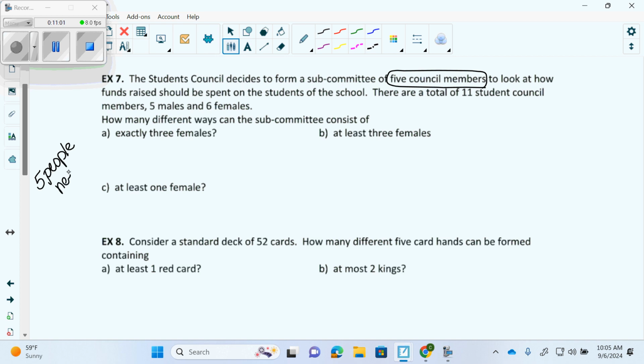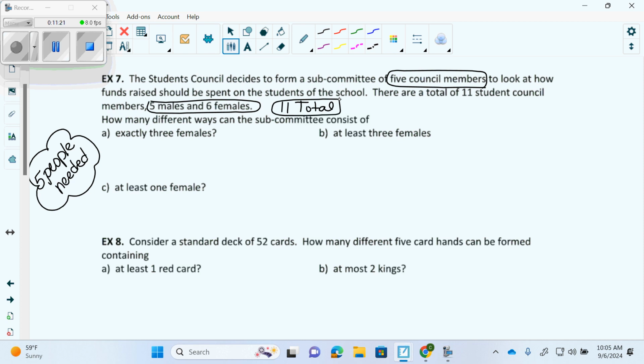Their council doesn't have jobs, so it's a combination. And there are 5 males, 6 females, which tells me there are 11 total. I put that just in case they ask me for just a 5-person subcommittee. Because if they just asked for a 5-person subcommittee, I would go 11C5, right? If they didn't ask for anything specific about males or females.